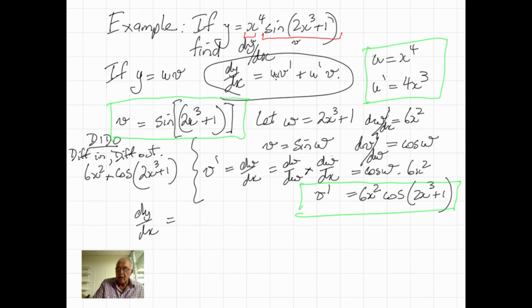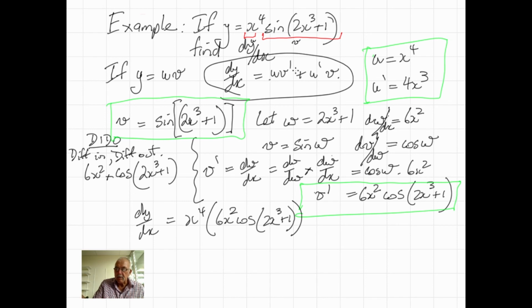So u is x to the fourth, times v dash, which is down here, and we might put that in brackets: 6x squared cos 2x cubed plus 1, close brackets, and I'll close the big brackets there.